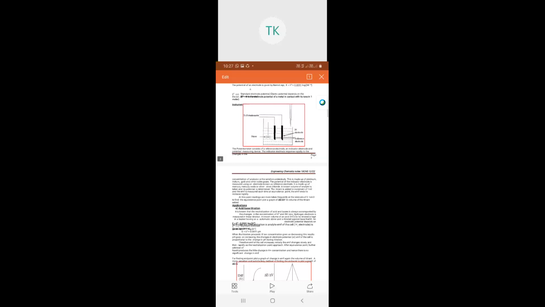So you can see these two graphs where initially the potential value is increasing slowly. At some point, at the equivalence point, there will be a drastic change in the potential value. You can see here volume of titrant versus EMF. If you plot, you will come to know where the equivalence point is. So you can find the delta E value. You have measured the potential values, and the difference between two values will give you the delta E value.